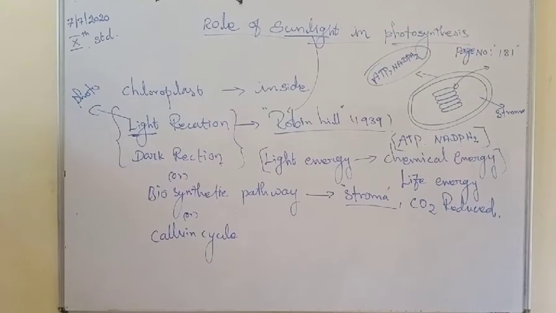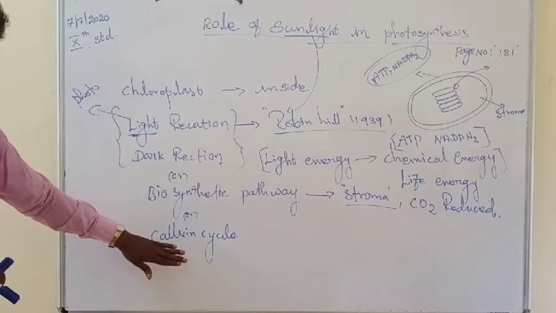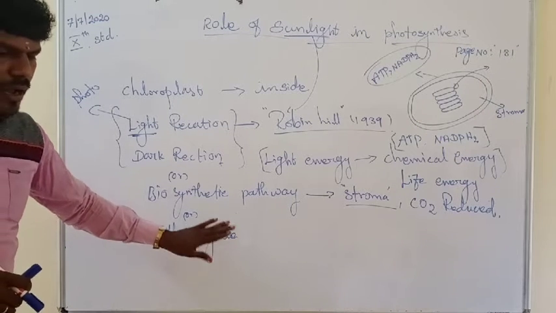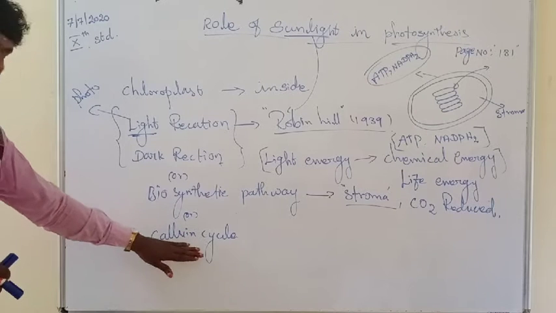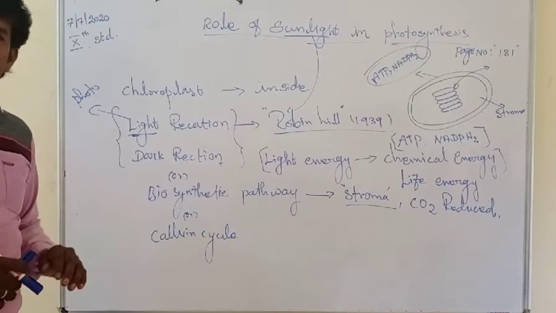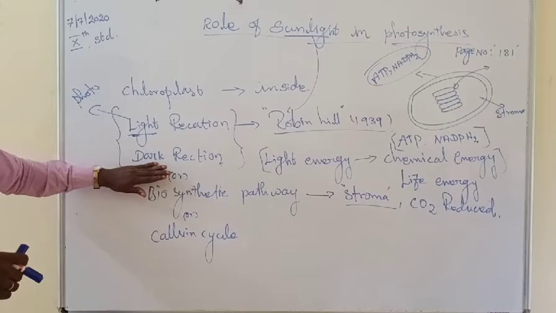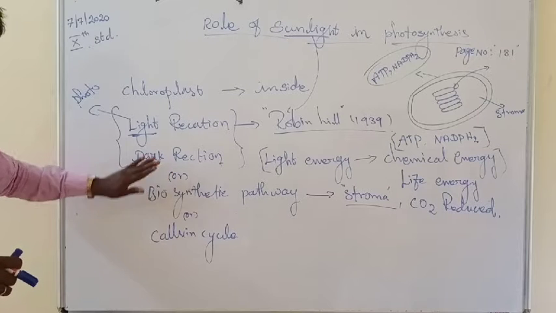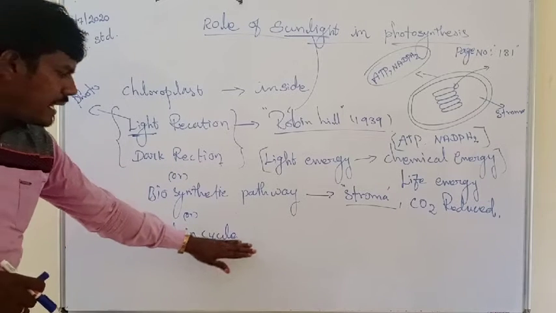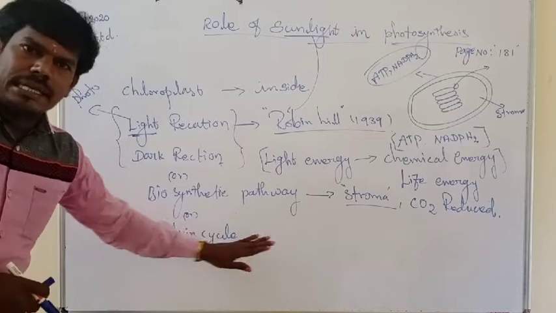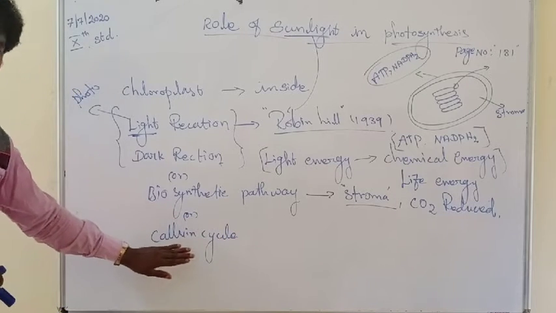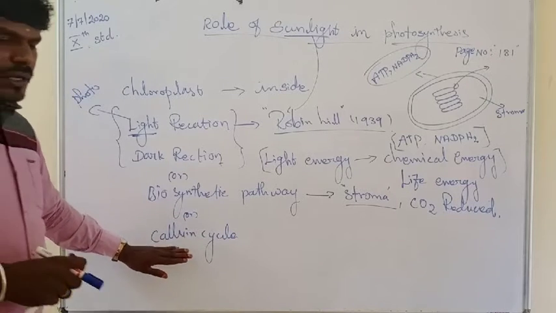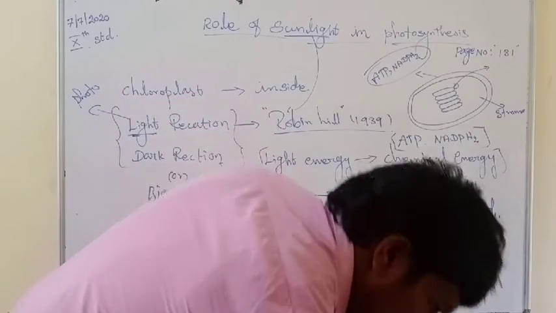This is the Calvin cycle. The Calvin cycle is carried out in the absence of light. Dark means without light, so the Calvin cycle is carried out in the absence of sunlight, and this is also called the dark reactions.